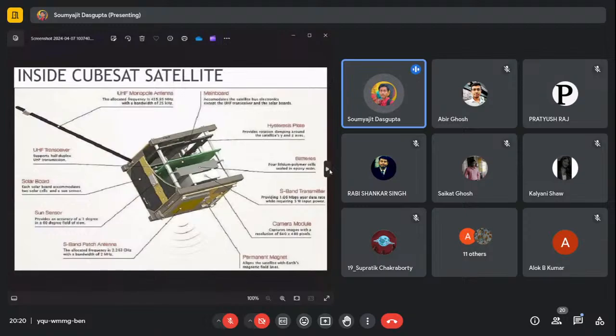Because when the CubeSat goes to the backside of the Earth, when sunlight is not falling onto the CubeSat, then the battery will work, right? And when the CubeSat comes in front of the Earth, then the solar cell will charge the battery as well. This is the whole inside structure of the CubeSat.